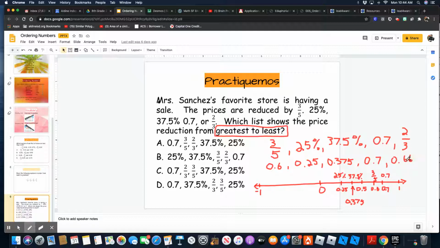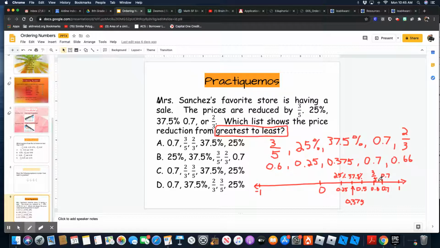All right, and then we've got one last one. It is 0.66, which was originally 2/3. So let's put it on our number line. So I'm going to start at 0. I'm going to the right because it's positive. It's bigger than 0.25. I'm going to keep going. It's bigger than 0.375. It's bigger than 0.5. 0.6. Is it bigger than 0.6? Yep. 0.7. Is it bigger than 0.7? No. It is in between 0.6 and 0.7.